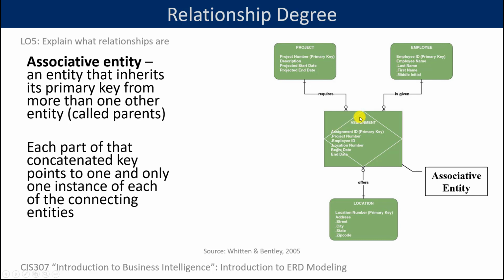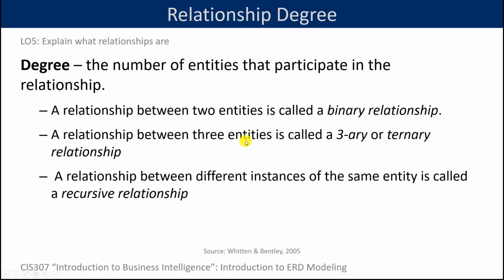But for now, I'll just use it as an example of the relationship degree concept. So here we have the so-called ternary relationship, three entities participating in a relationship. The concept of degree can be defined as the number of entities that participate in a particular relationship.